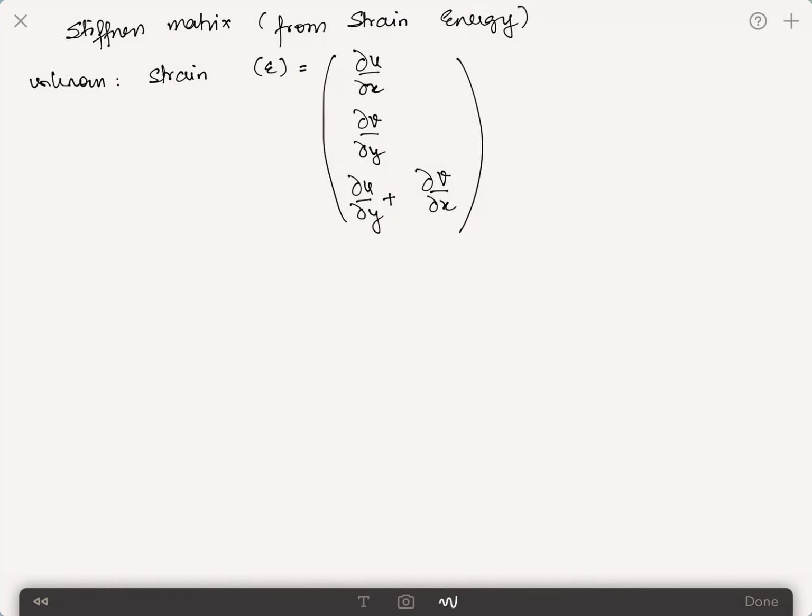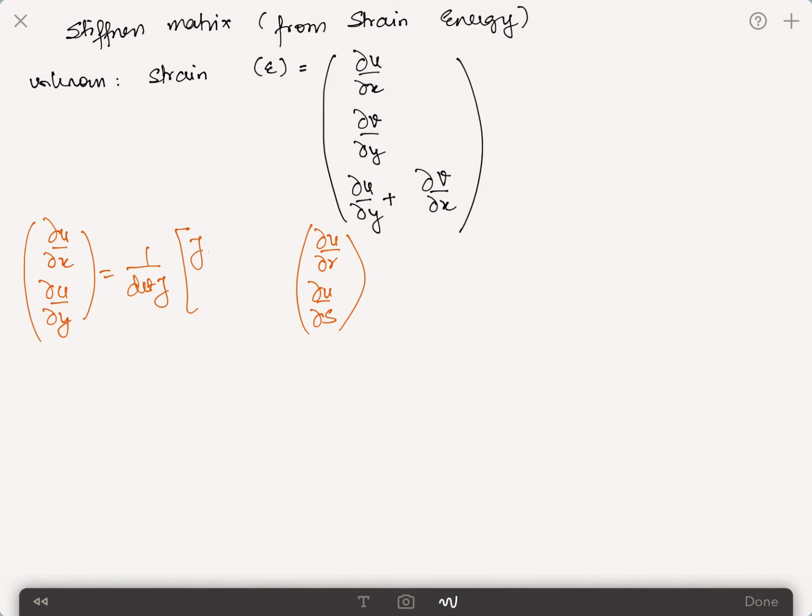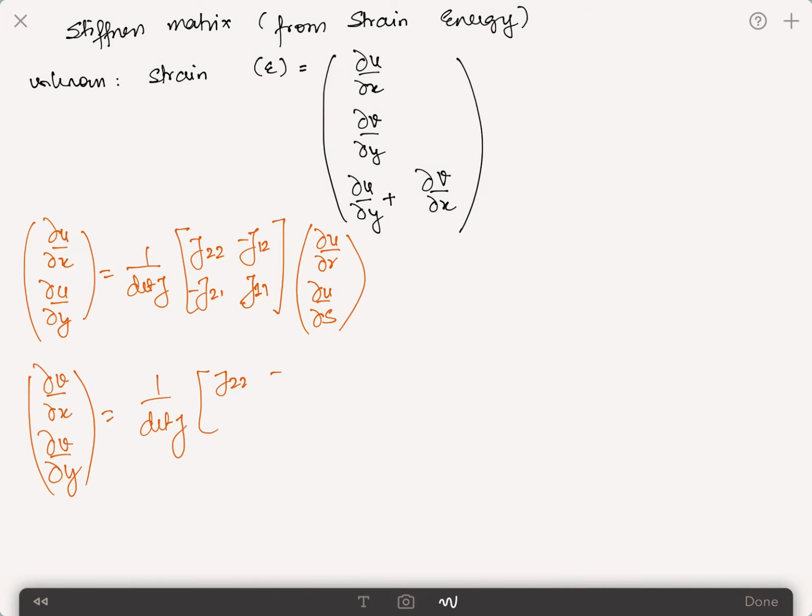So if I want to write dou u dou x and dou u dou y in terms of dou u dou r and dou u dou s, I can just put the transformation that I derived in the previous slide as it is. So I have minus j21 and j11, and in the same way I will have dou v dou x and dou v dou y, also 1 by determinant j, j22 minus j12 minus j21 and j11.